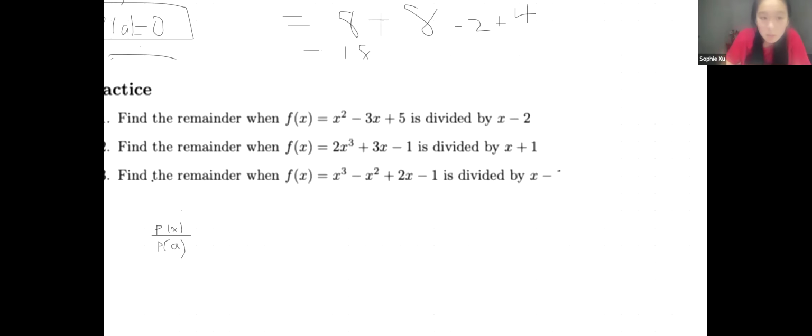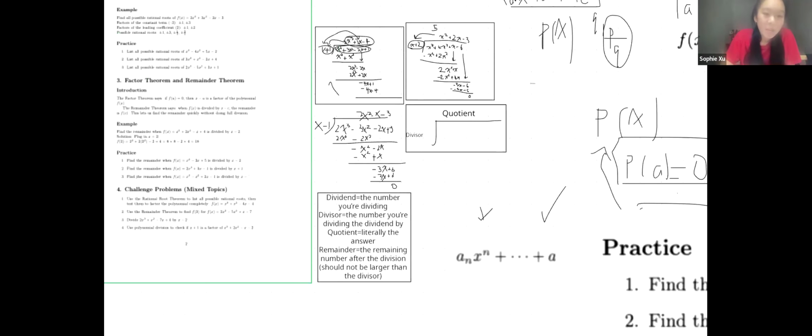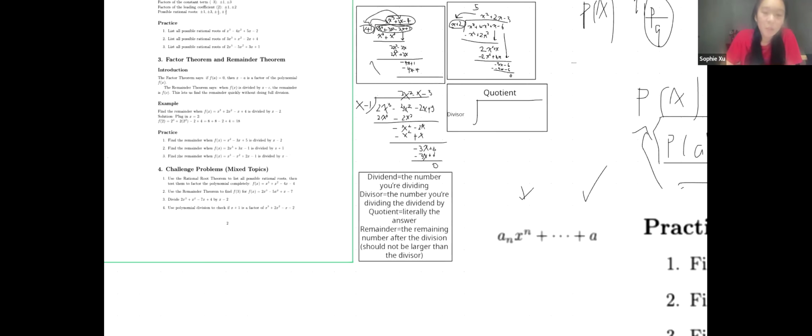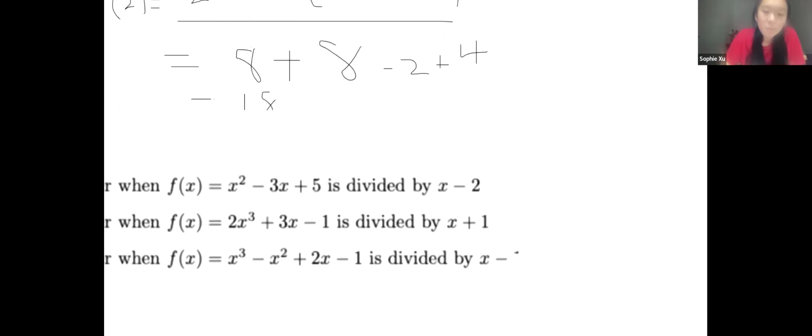The factor theorem says that... not factor, the remainder theorem says that if you substitute f of a into the function, then you get the remainder when the polynomial is divided by x minus a.